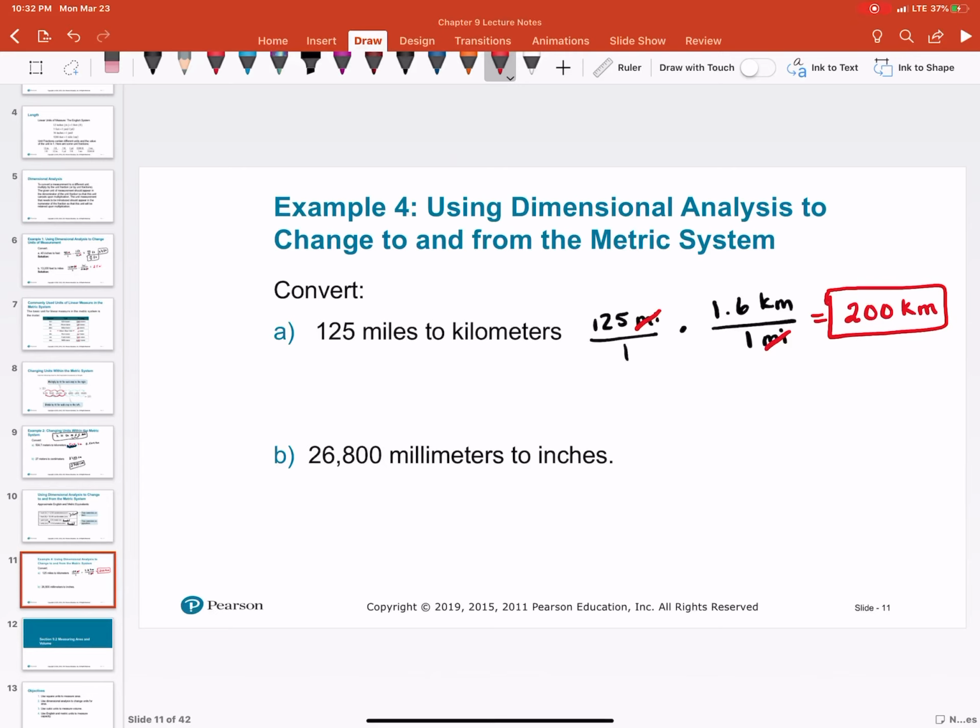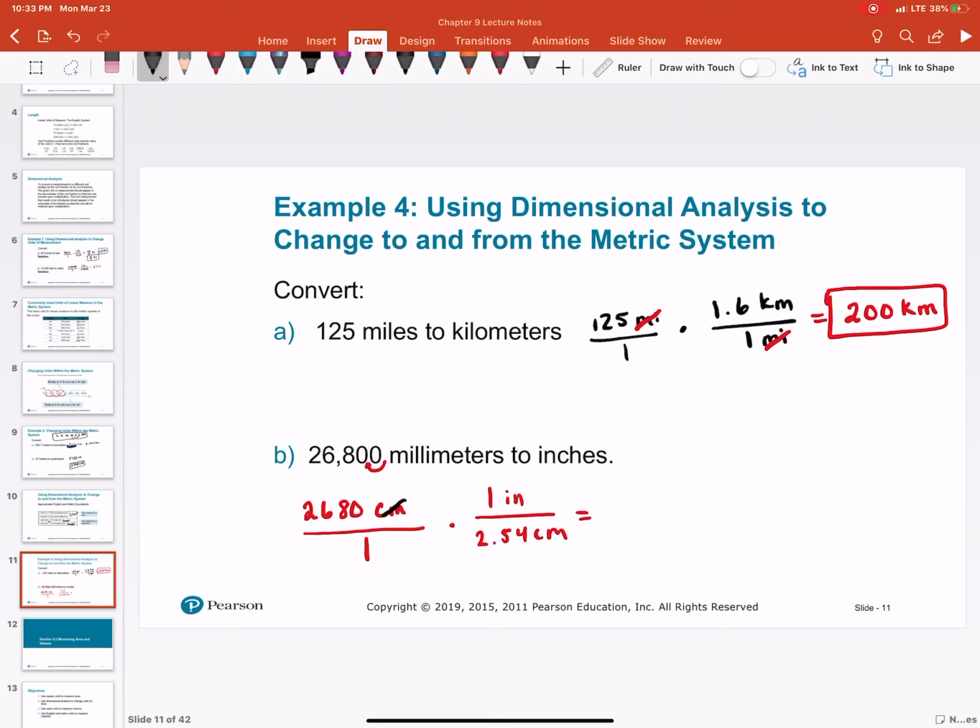All right, now we're going to do the same thing for this one. The first thing we want to remember is that we don't have a conversion from millimeters to inches, but we do have it from centimeters to inches. So the first thing we want to do is convert this to centimeters. So we're going to just move the decimal place 1 spot, and this would be 2680 centimeters. Now we'll use our conversion, which we know is 1 inch equals 2.54 centimeters.